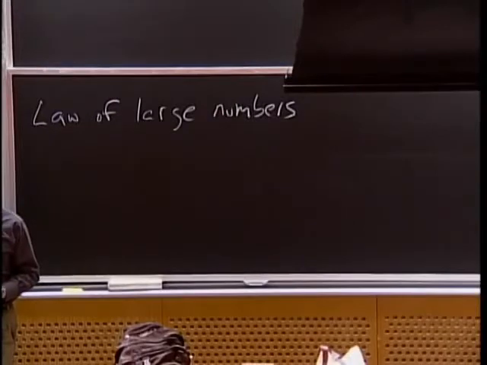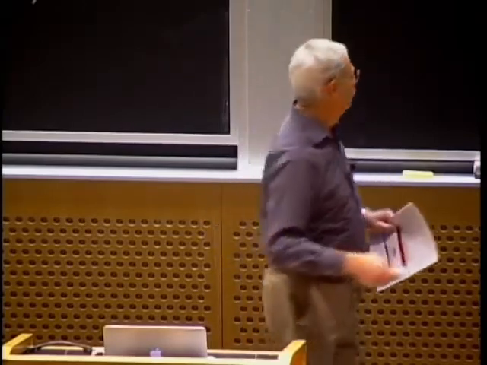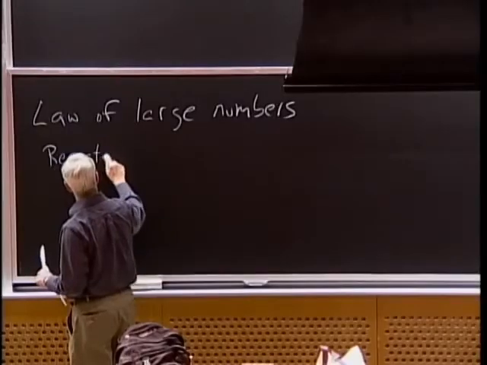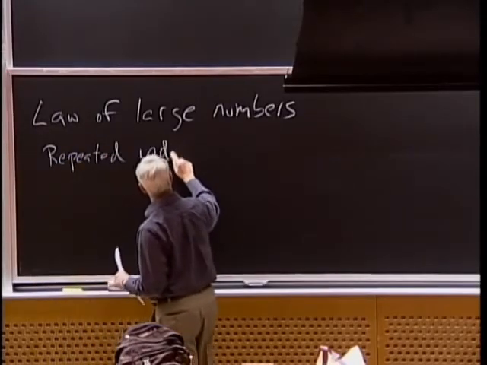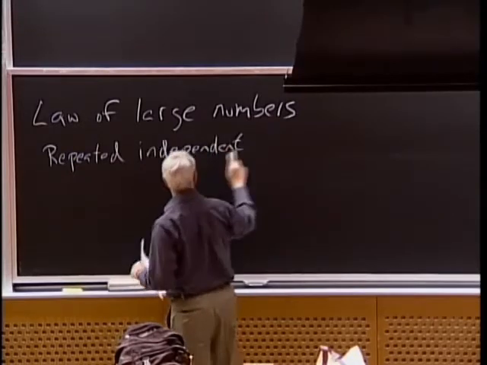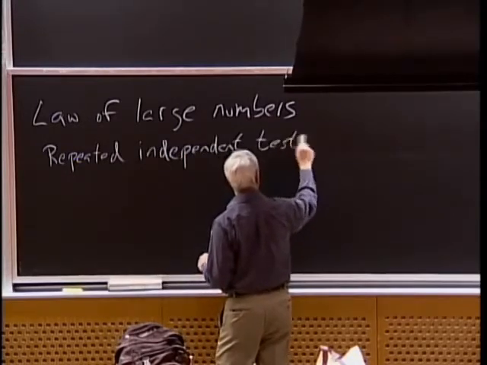Also known as Bernoulli's law, after one of the Bernoulli family of mathematicians, and I can't for the life of me remember which Bernoulli. There were a whole bunch of them. Anyway, the law states, and it's important to understand this because, again, it underlies the inferential statistics, that in repeated independent tests, and it's important to note the word independent.